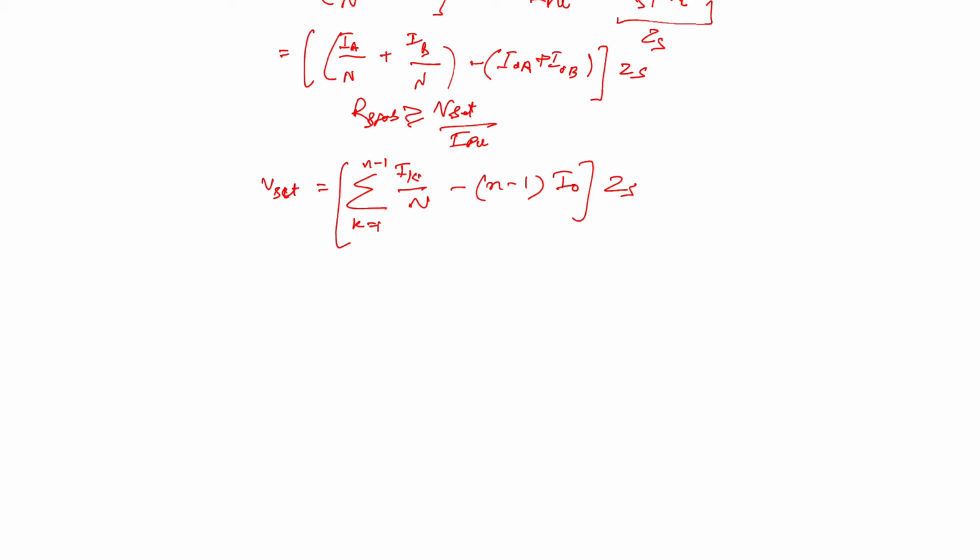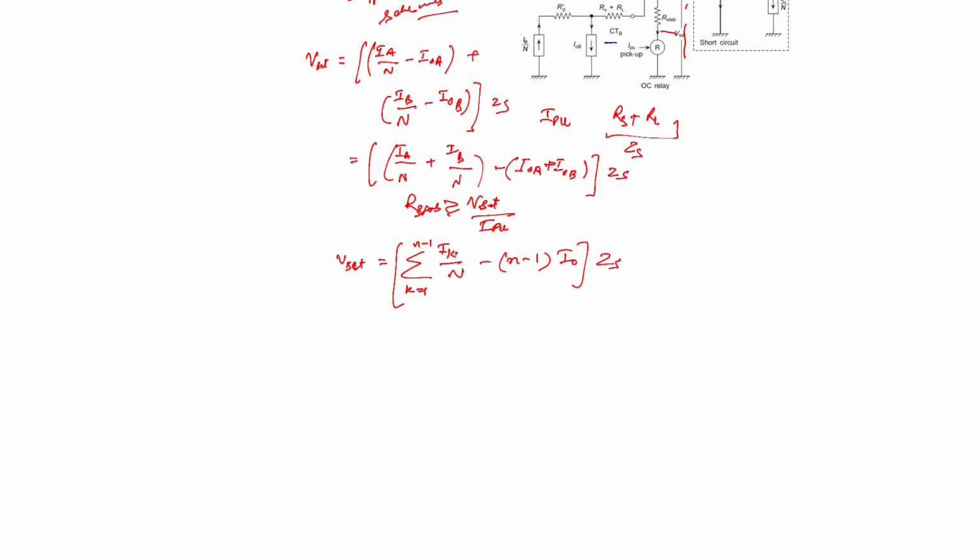The summation of IK for K equals 1 to N minus 1 is the maximum external fault current, and let this maximum external fault current be written as IF external maximum.